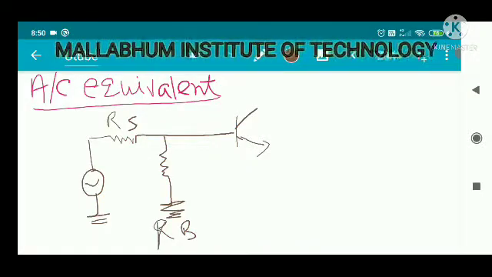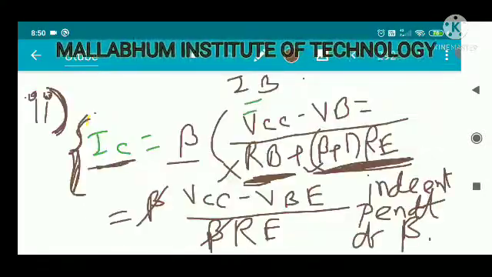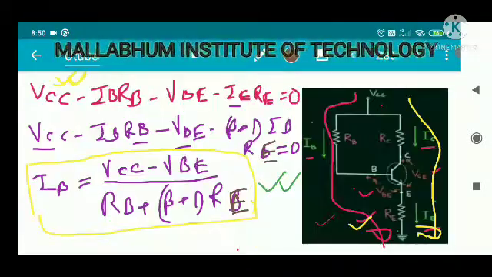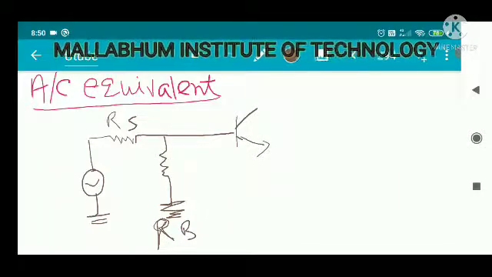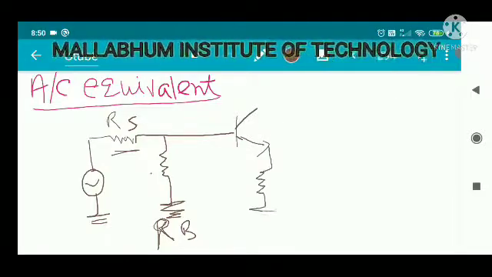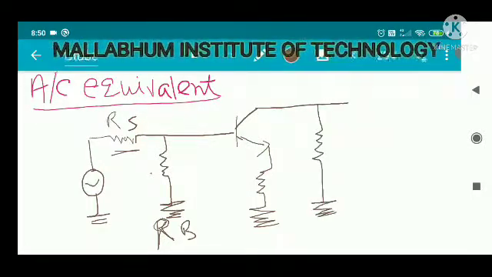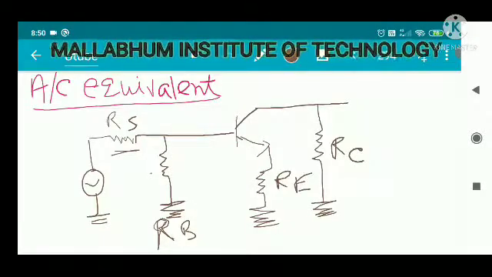This will be connected to ground because these are short circuited. You can look into the diagram. If we don't want to connect this resistance, that will also not be required. So this will be your base resistance, and this will be your emitter resistance. In the collector terminal, this will be your collector resistance, and this will be your emitter resistance. This is your source resistance, equivalent to your AC signal.